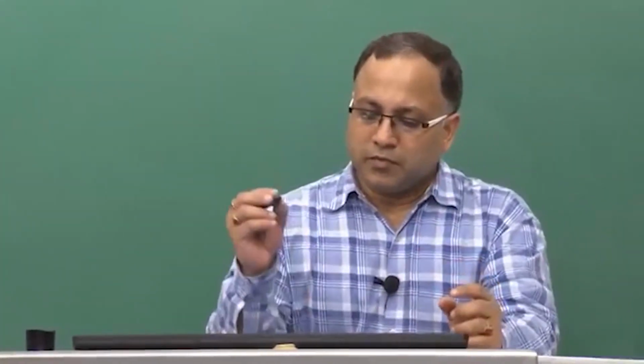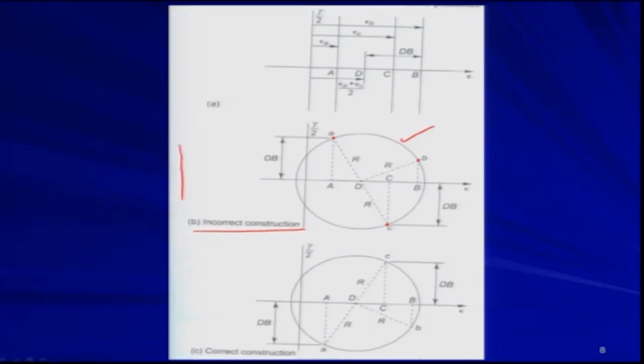Now, the orientation of your 45° strain rosette is, this is your A axis, this was B and this was C. In this coordinate system, if you rotate 45° in the anticlockwise direction from the A axis, you should get the B axis.